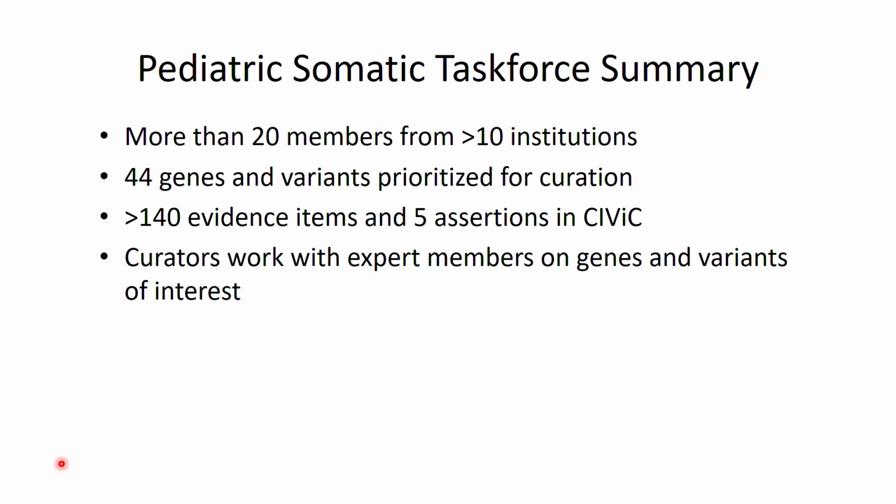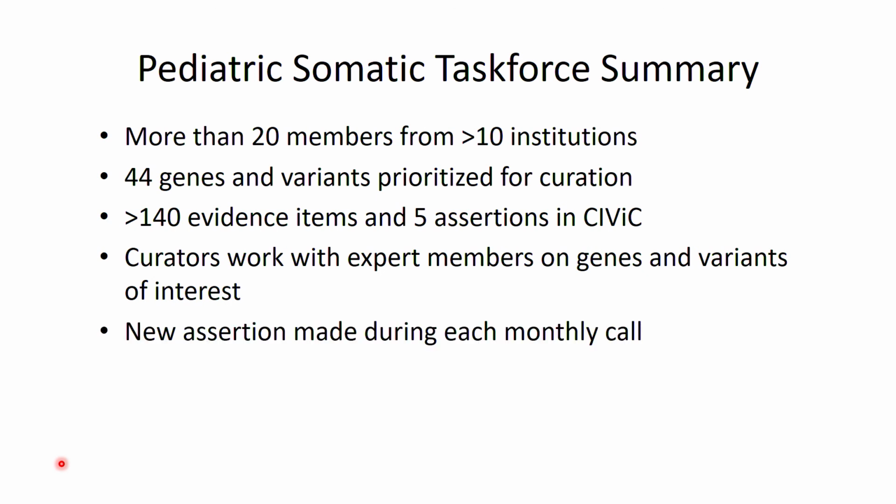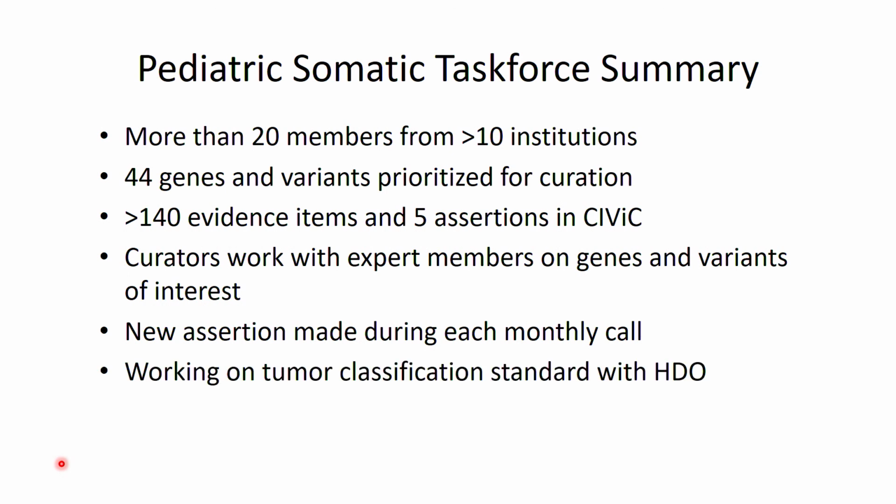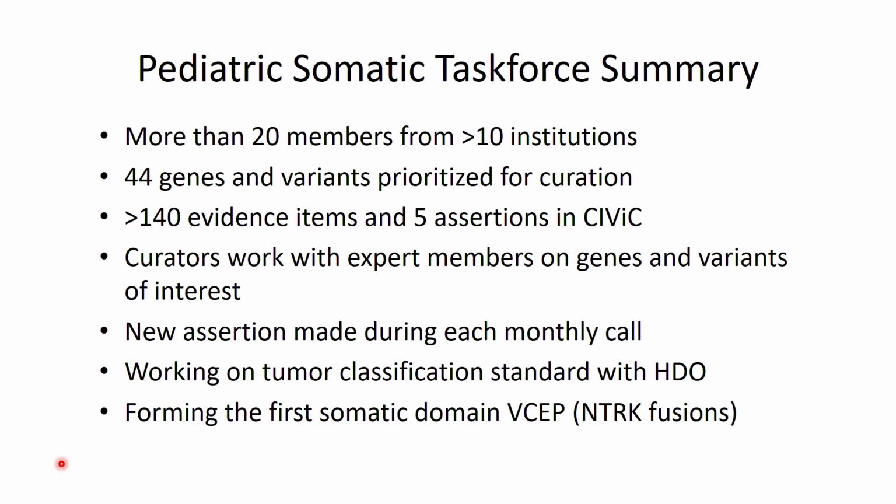We get feedback from our curators that it's a really nice collaboration with a senior mentor and a wonderful way to learn. We make new assertions during each monthly call, so those are working calls that are also very educational. We are working on providing appropriate tumor classifications for pediatric tumors through HDO within CIViC.